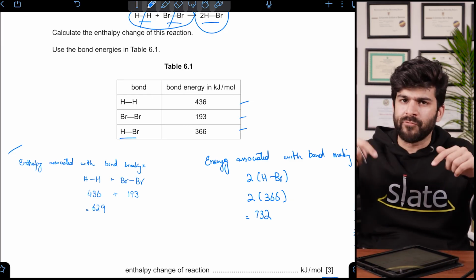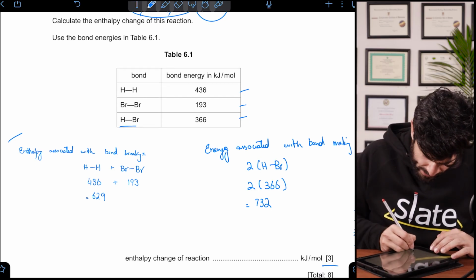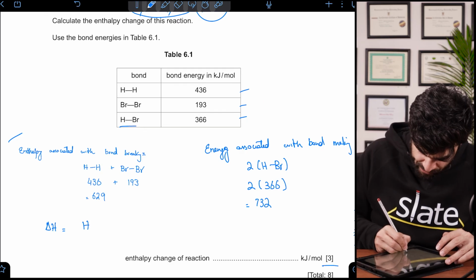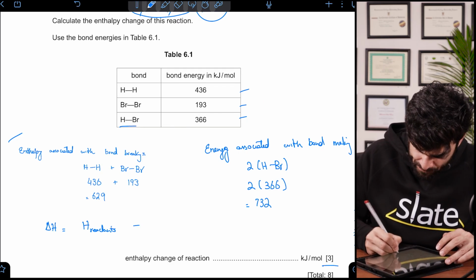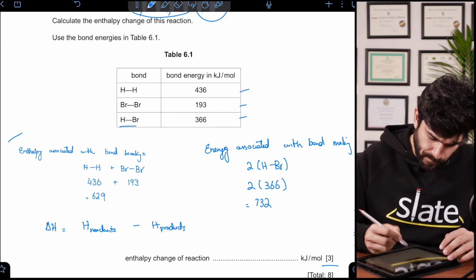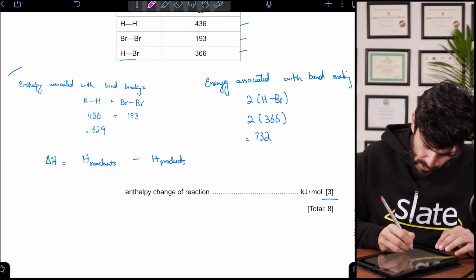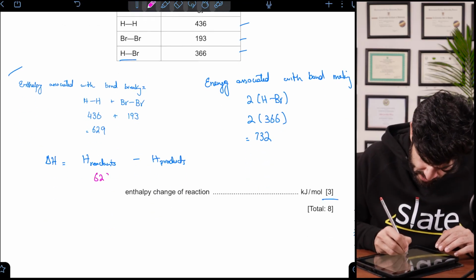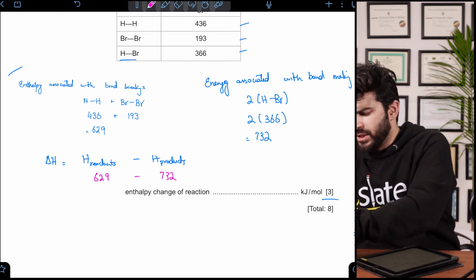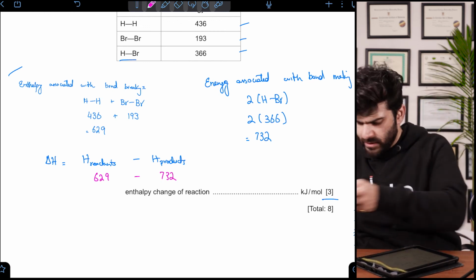So now you just put the formula. What was the formula? Enthalpy change equals to enthalpy of reactants minus enthalpy of products. So reactants have 629 and the products have 732. So we'll just do the maths.